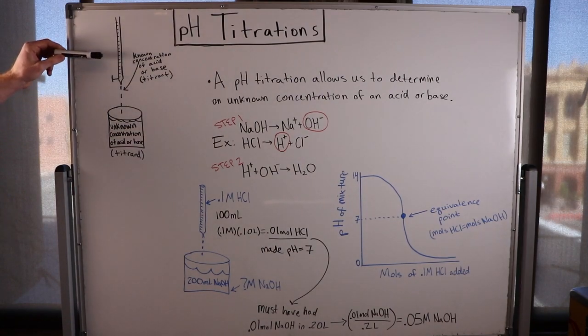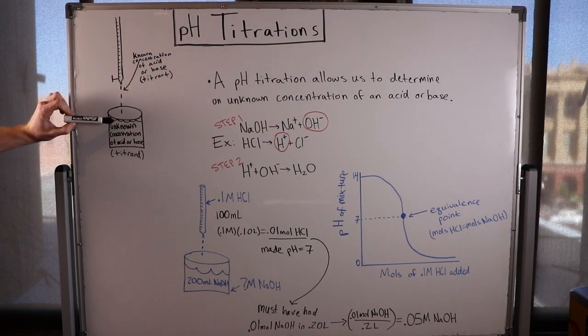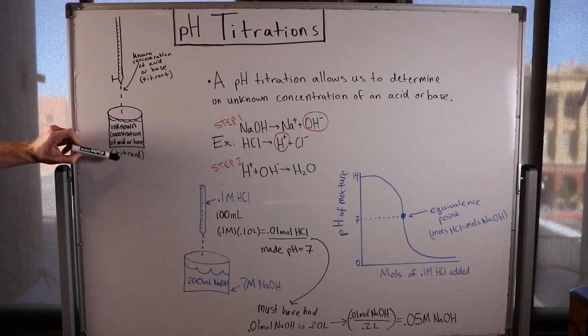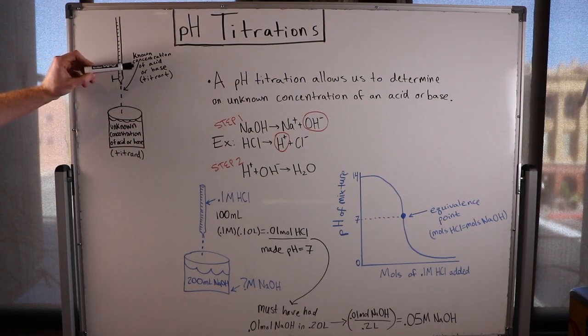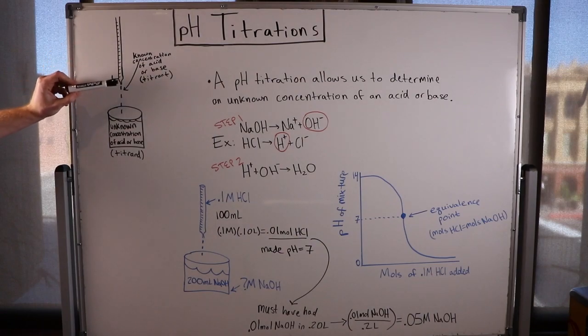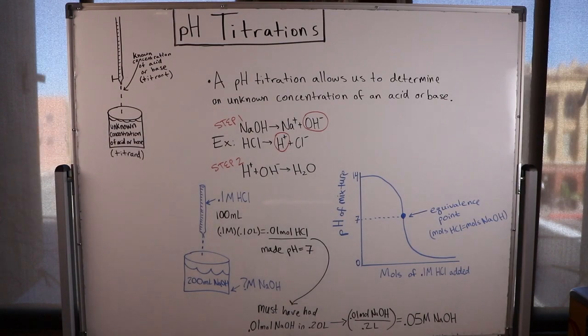So if you're adding in a known concentration of an acid, for example, for your titrant, you would be adding that to an unknown concentration of a base for your titrand, and vice versa. If you added in a base with known concentration for your titrant, you'd be adding that to an unknown concentration of an acid for your titrand.